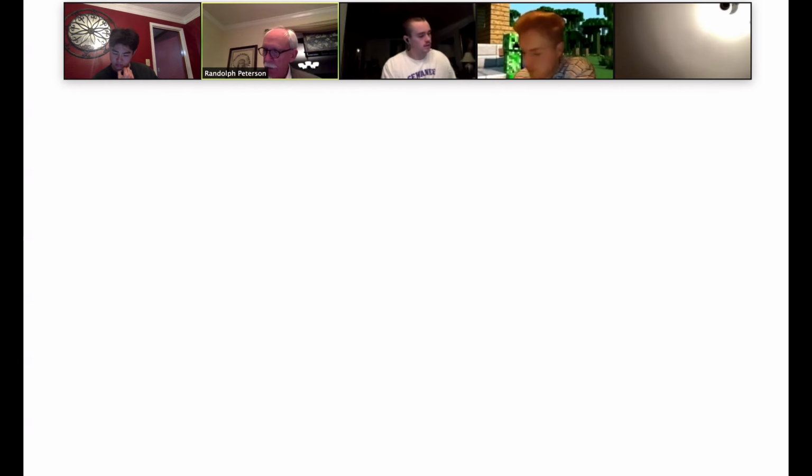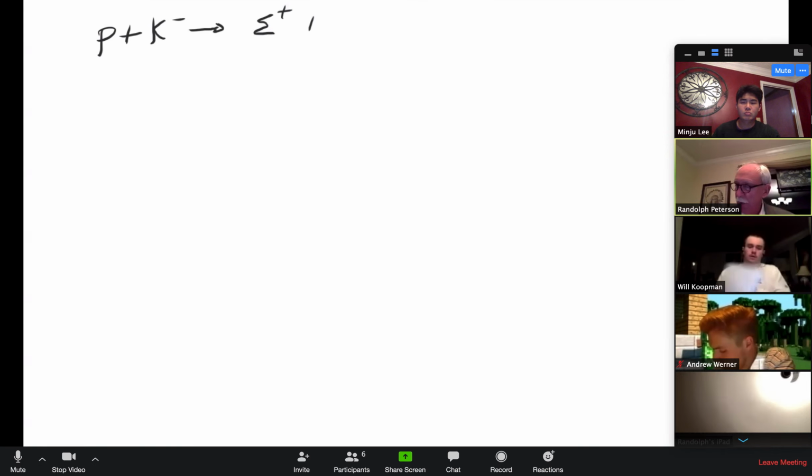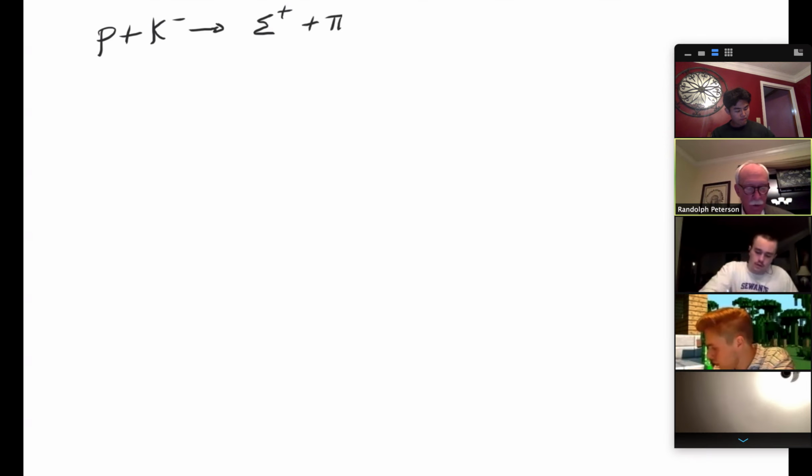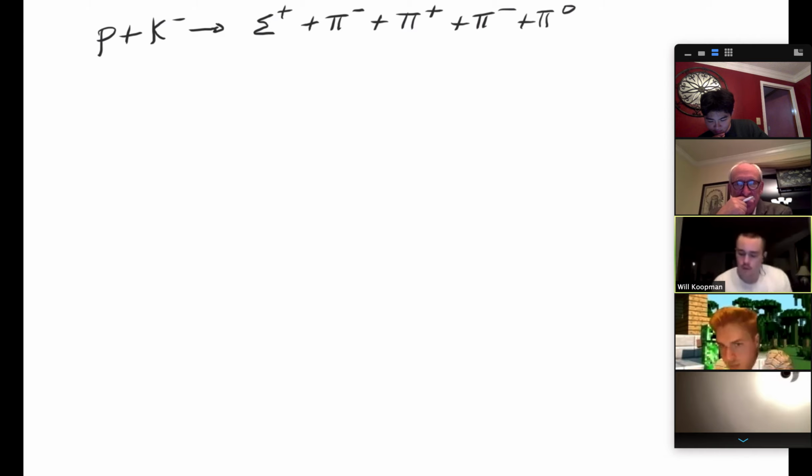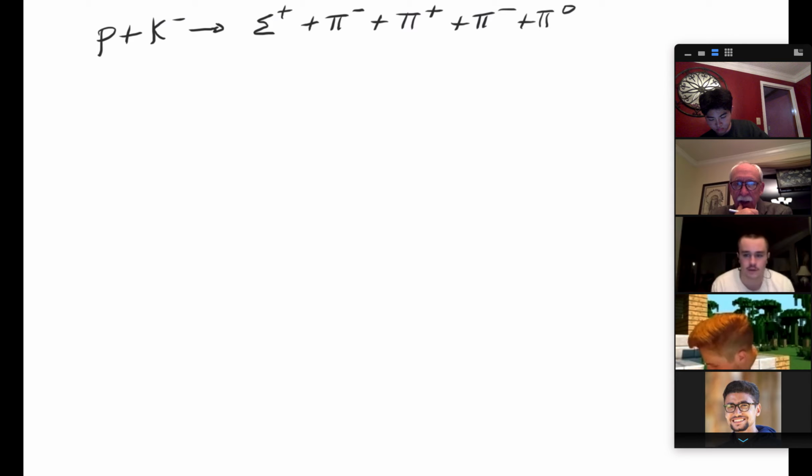We've got a collision in this one, so we can bring energy, so that mass energy can be consumed. How about that? Does it violate charge?